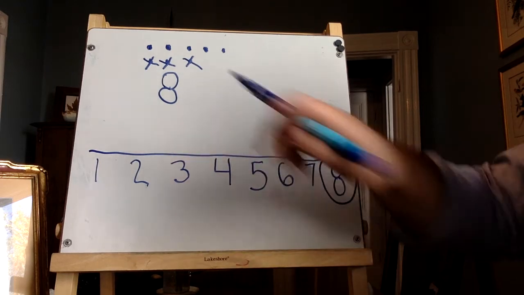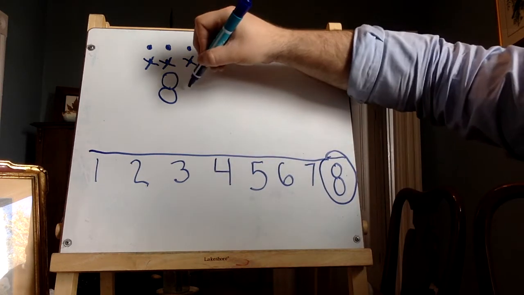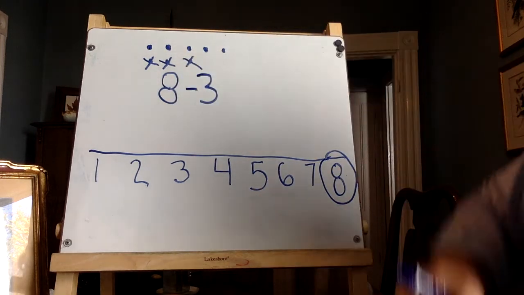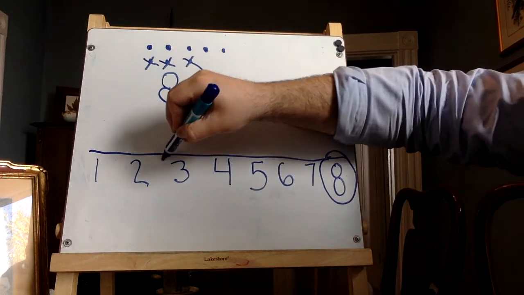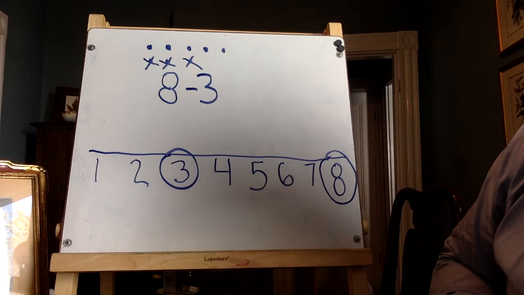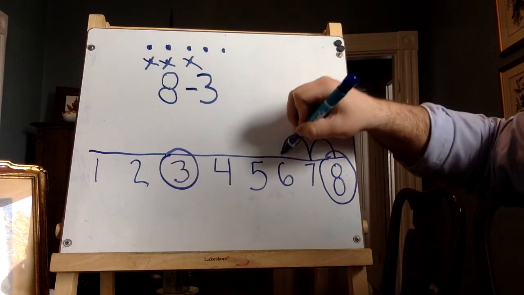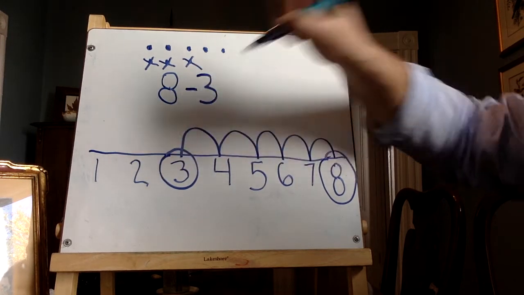How do I write this next part? Minus 3. Circle 3. Now let's jump back and find out how many we have. 1, 2, 3, 4, 5.